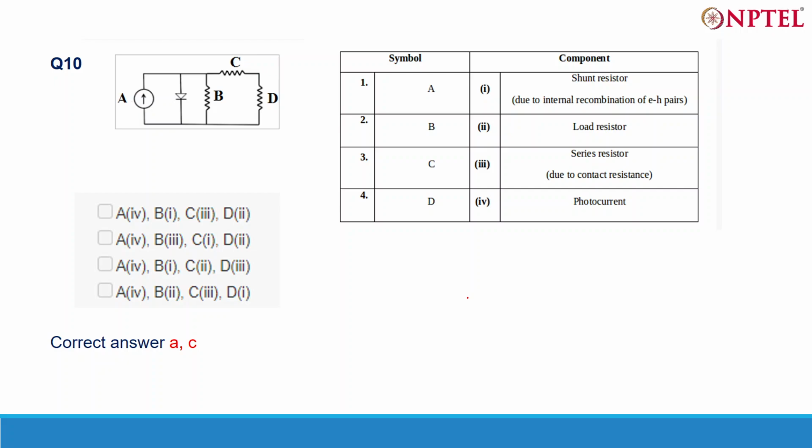So this is the electrical circuit. You have to identify what A, B, C, D are, and these symbols and components are mentioned here. So you have to match each symbol with the component.